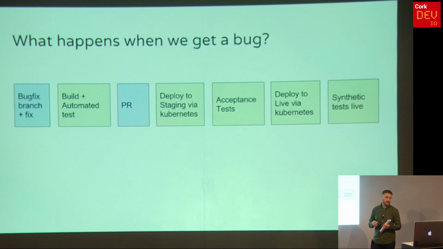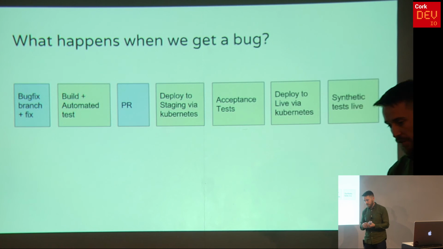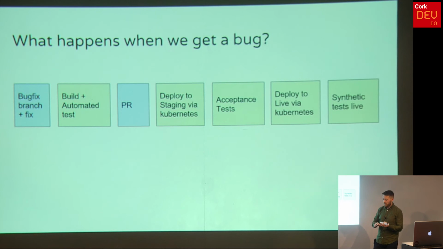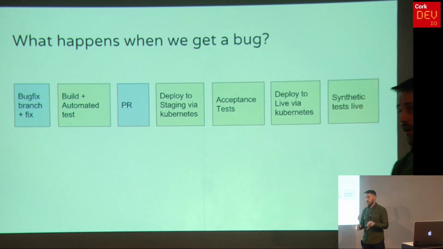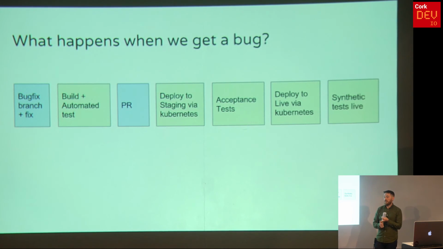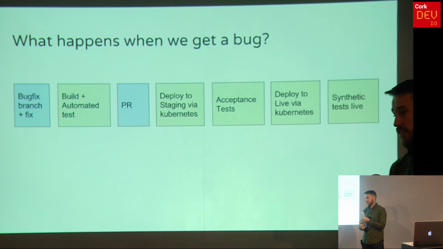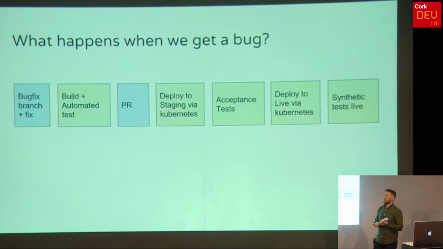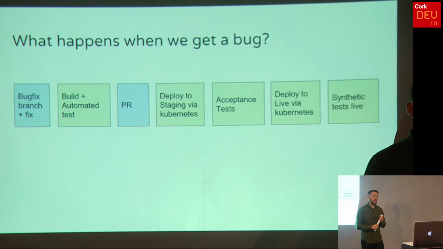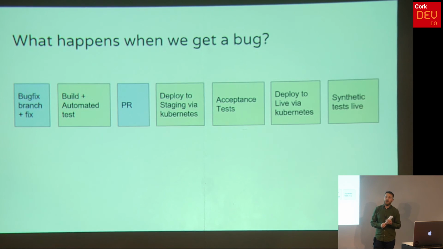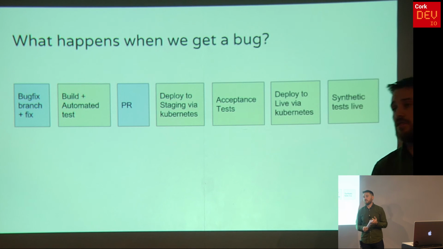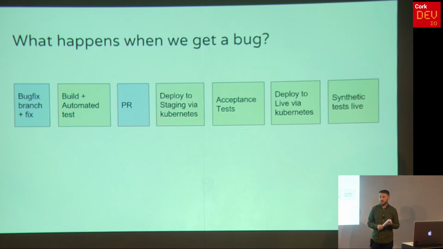Bamboo automatically notices when a new bug fix branch or a feature branch has been created, and it creates a build. That build first runs through the automated tests, part of which are the CDC contracts that it has to adhere to, and then creates the image at the end of it. Once that is done, the developer creates a pull request, and we need at least 2 approvals for it to go past this stage.